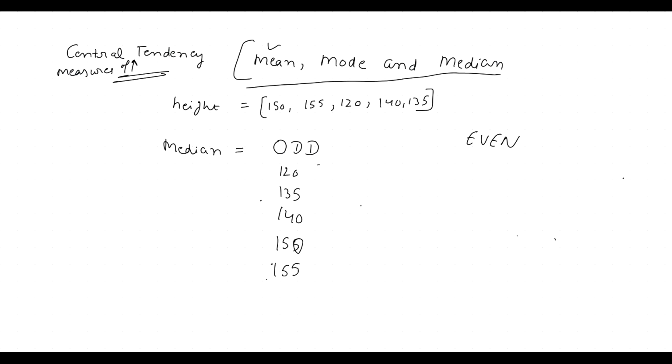If you are trying to find the median, you will just pick the middle value out of this. This is called median. But in case I am adding one new value to this, we will add one new value.